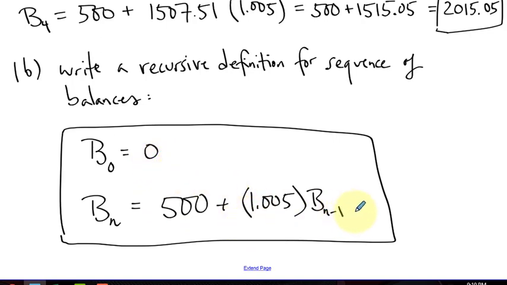And so that could be a useful tool to calculate balances, but there are other ways to express the sequence of balances that will be more useful for answering the questions that follow. Because, for example, if you want to know how long it takes until you get $1 million, or how much do you have after 10 years, this would not be a convenient way to do it by hand.